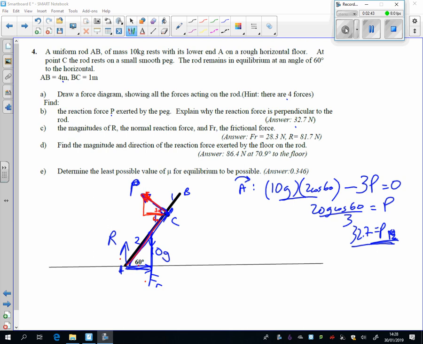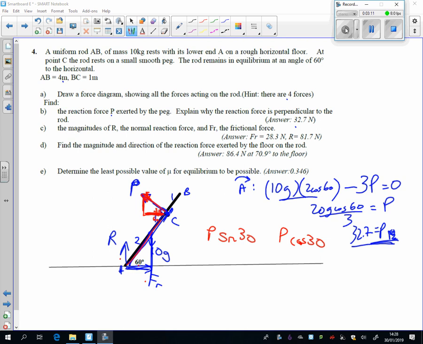I'm actually going to use a 30 in that bit there. So the vertical bit here is going to be the sine of 30 times by P, and that's what the vertical part is. And the horizontal part of this one here is going to be the cos of 30 times by P.